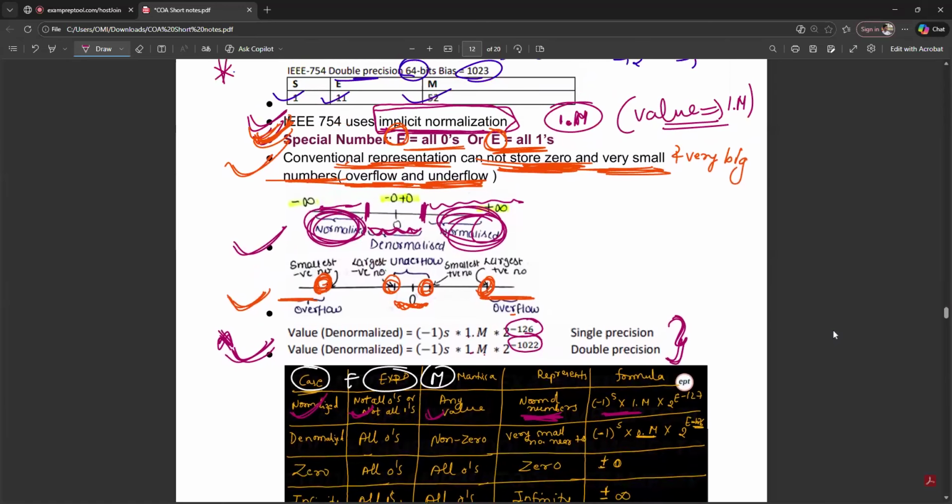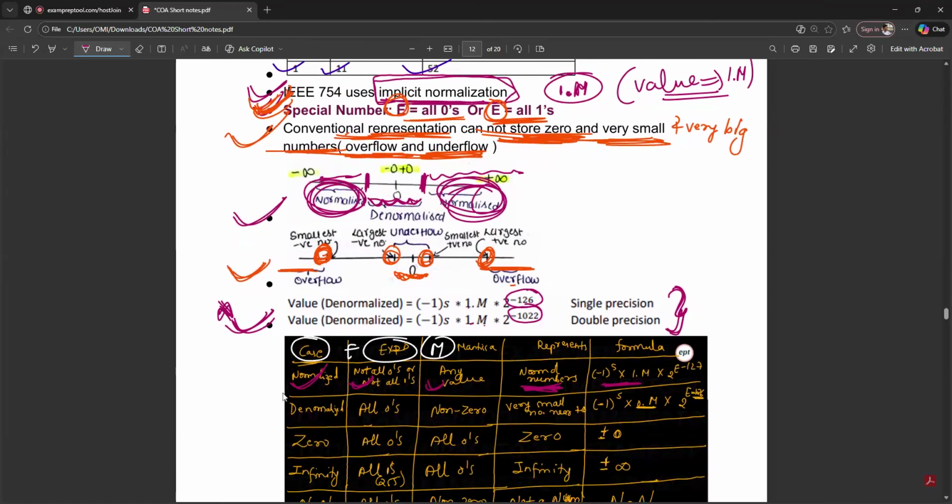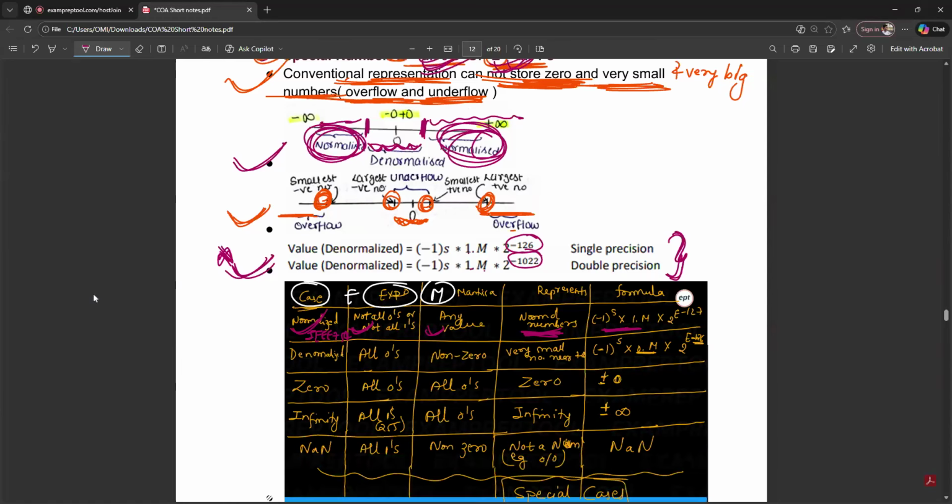Here I told you about IEEE 754. So the formula is this, and here you don't use all zeros and all ones, because all zeros and all ones are used for special numbers. I have told you, right? All zeros and all ones are used for special numbers.